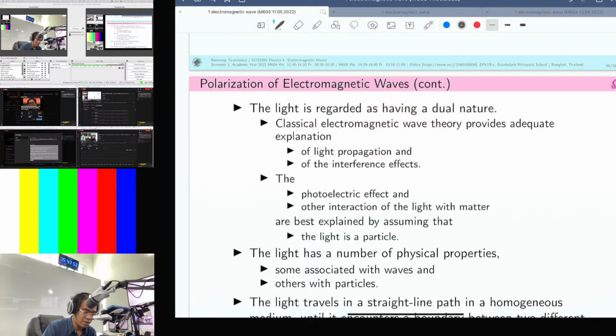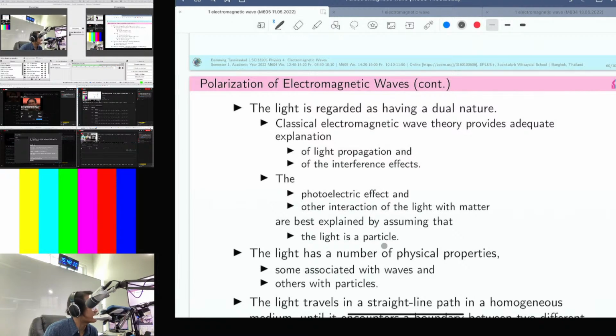Louis de Broglie discovered that light actually has behavior like a particle. Once physicists observed something from the photoelectric effect, they found that light has some interaction with other matter, and it's better to consider light as a particle.